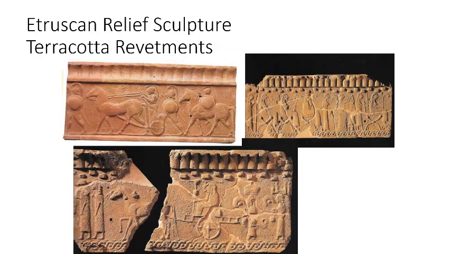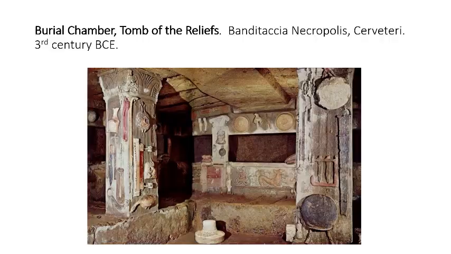And we also would have architecture, like villas and temples, decorated with terracotta plaques, these revetments done in low relief. Here are a few random examples of low relief revetments.